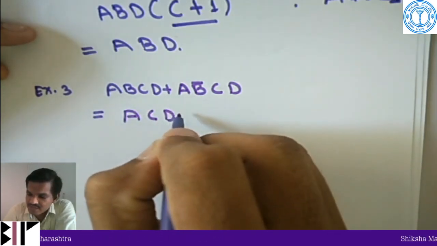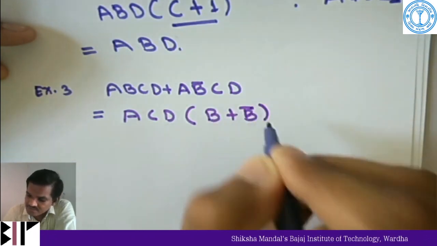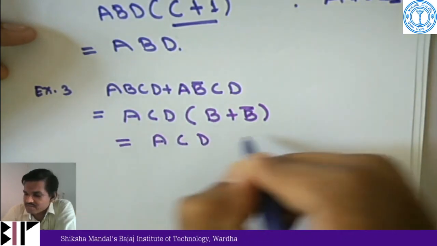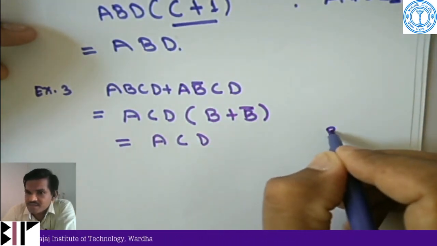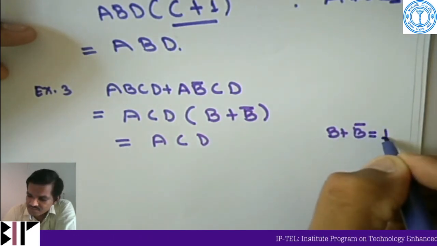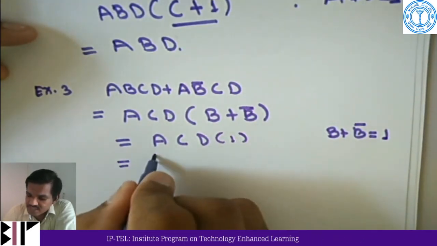So we will have b plus b bar, which will give me a, c, d. As we know that b plus b bar is equals to 1, so this whole term will be equals to 1. So minimized equation is a, c, d.